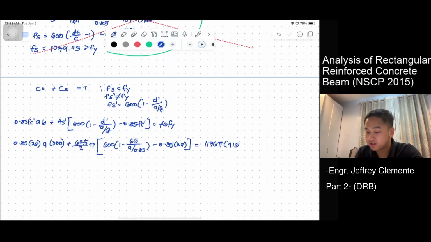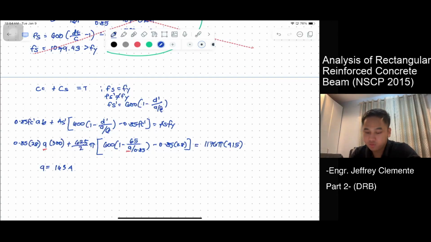Ito, alam na natin kasi na nag-yield siya, di ba? Kasi Fs prime natin hindi nag-yield. So, we have to put the formula of Fs prime. Then, makakakuha tayo dyan ng A, kasi yun na lang unknown eh. Therefore, makukuha natin A dyan is 163.4.